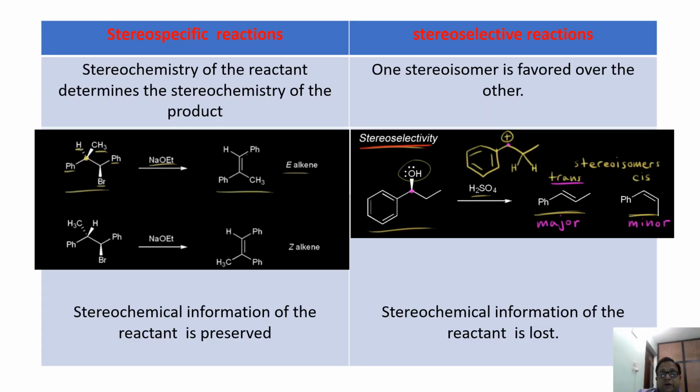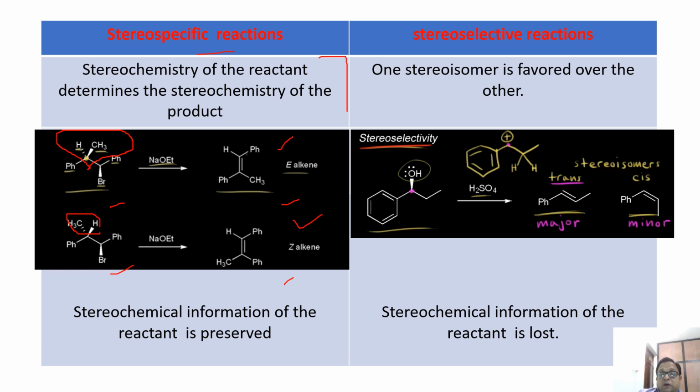So overall, now we can summarize the stereoselective and stereospecific reaction. In stereospecific reaction, stereochemistry of the reactant determines the stereochemistry of the product. The example is in front of you. The stereospecific position of the reactant is determining what product we are going to obtain.